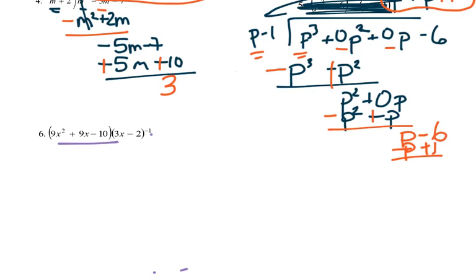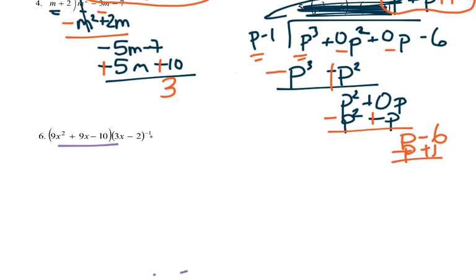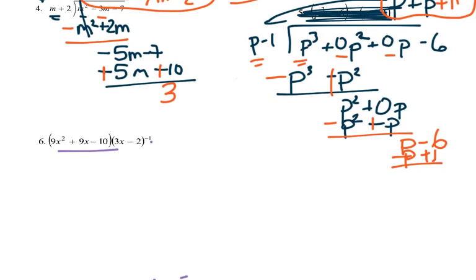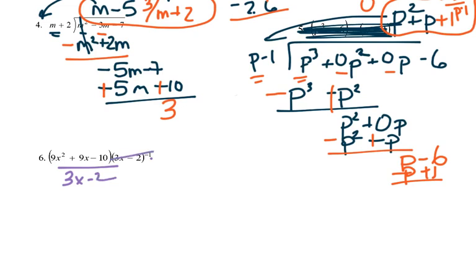So this is like this divided by 3x minus 2. So that's the same thing as basically saying that 3x minus 2 is the divisor, into 9x squared plus 9x minus 10.